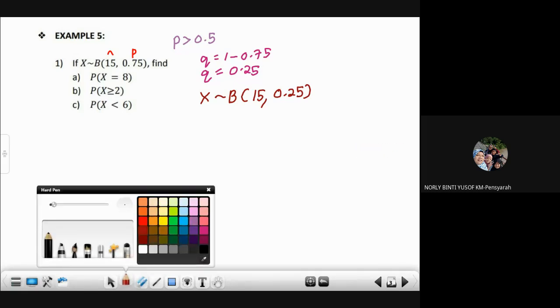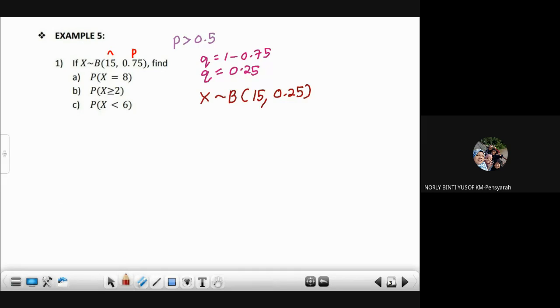Okay, lepas tu kita pergi pada soalan. So bila soalan yang pertama, soalan dia adalah equivalent kan. So bila equivalent, samalah, equivalent tu ni soalan.